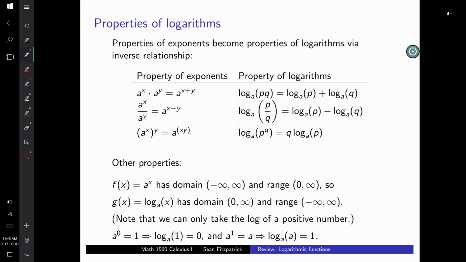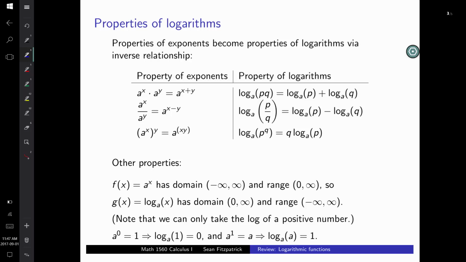I'm not going to do it here, but using the definition of the logarithm from the previous page and the laws of exponents, you can derive all of these properties by playing around with the definition and the laws of exponents. A few other things to note. Since we have this inverse relationship, and since the exponential function is never going to return a negative number, it only returns positive numbers, you can plug any number you want in, but you only get a positive number out.